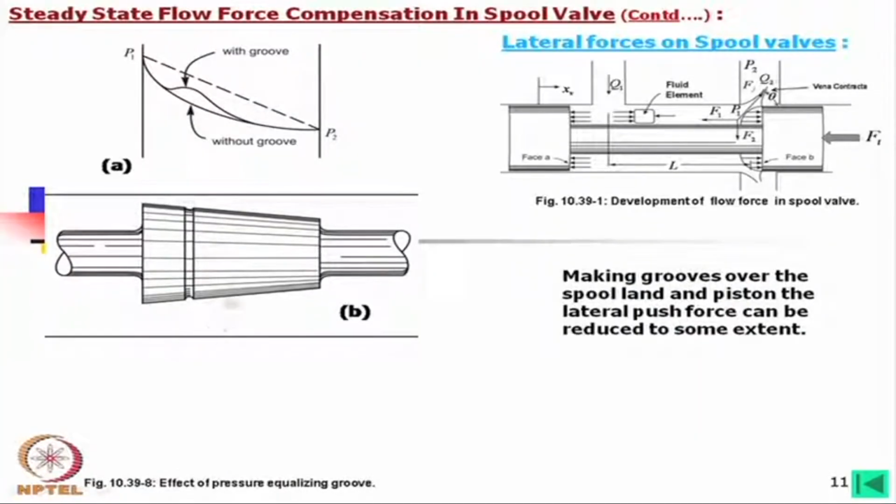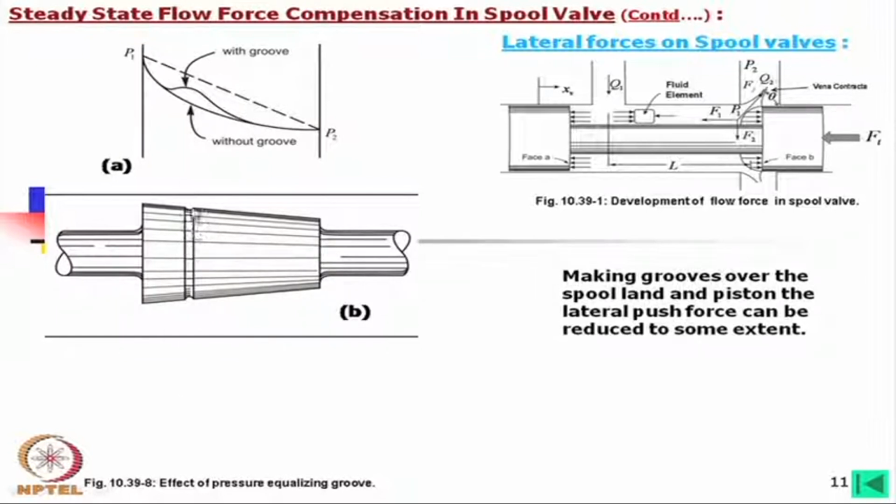The difference in diameter may be only 20-25 microns. However, if we make a groove like this, the groove has a substantial depth, maybe 0.5 millimeter or something like that. This means that this path is directly connected.